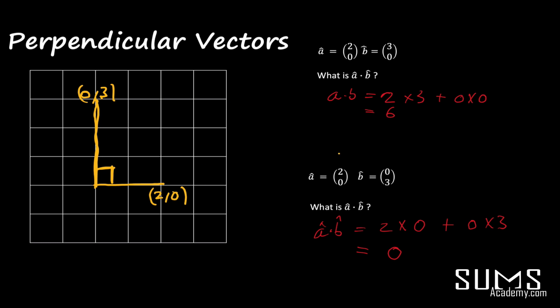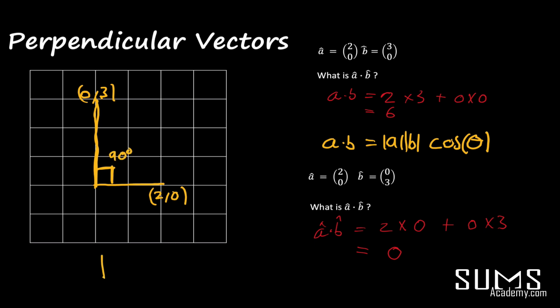This is also going to be true for the other equation, which is a dot b equals a b cos theta. Because it's at right angles, theta is going to be 90 degrees.